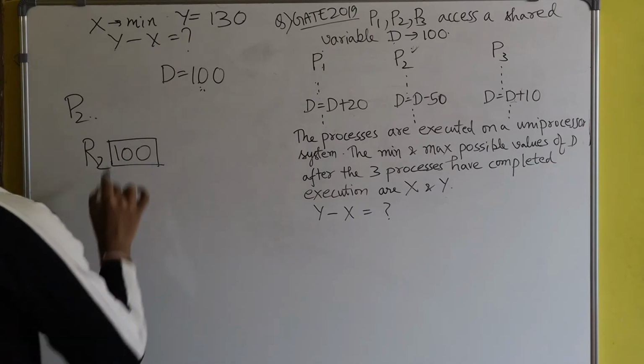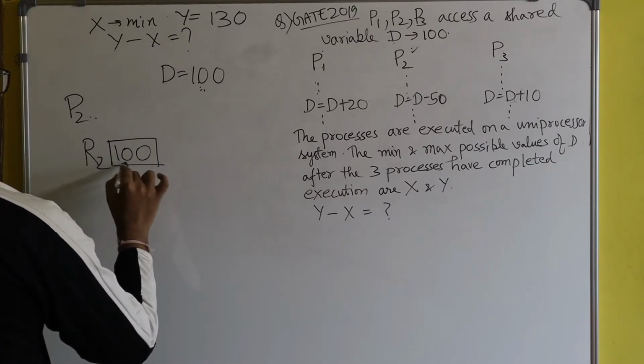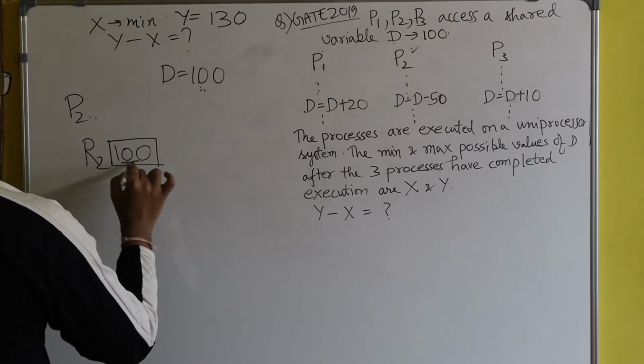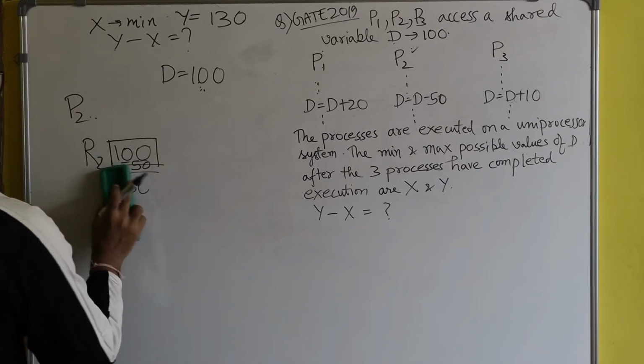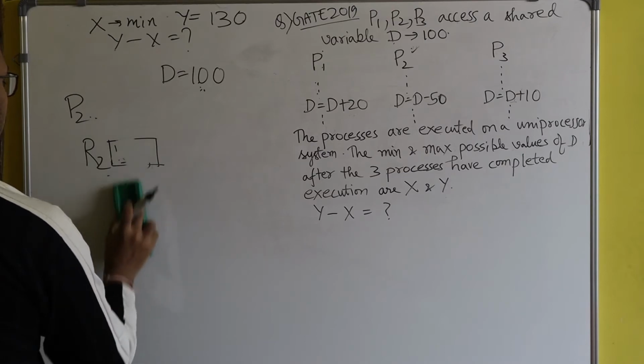So R2 contains 100 minus 50, that is 50. So R2 contains 50.